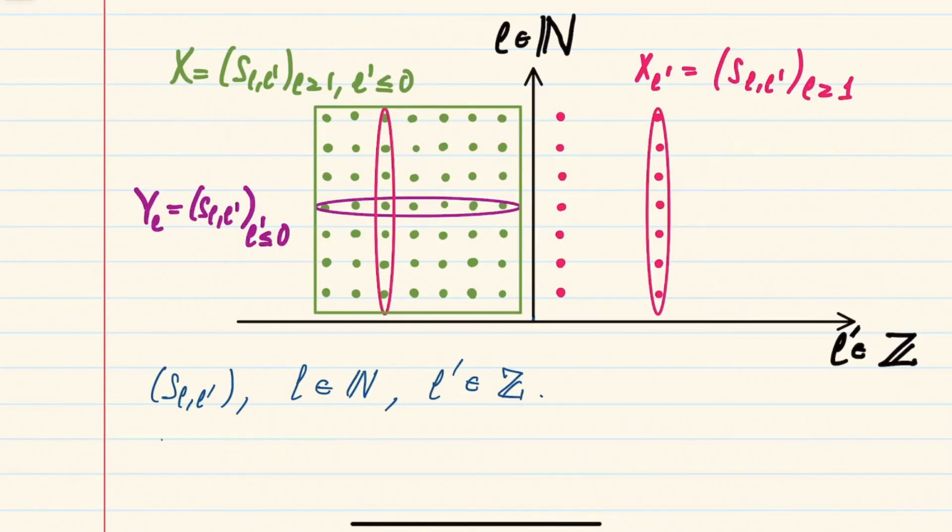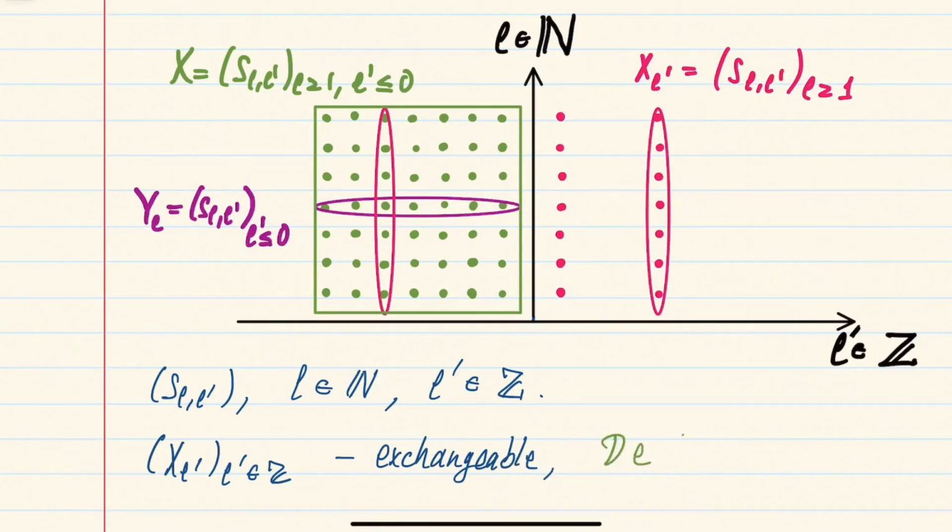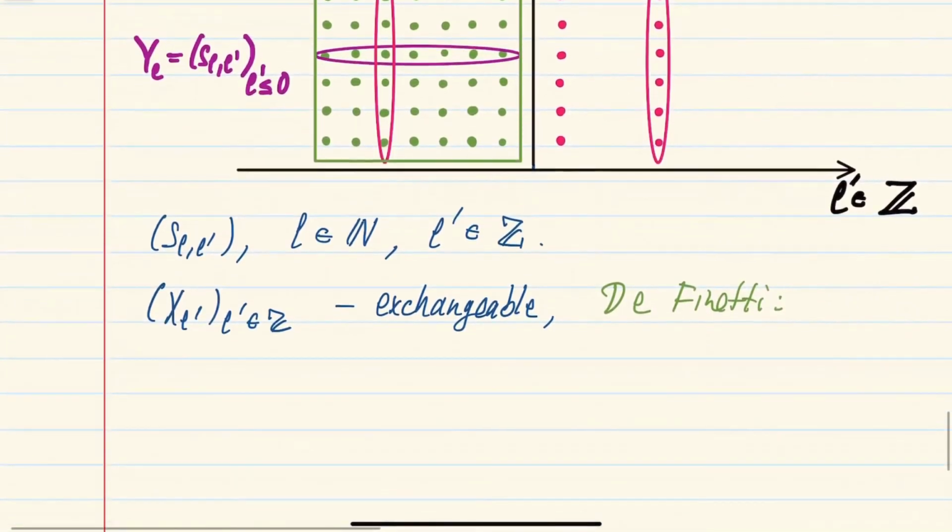So if we consider the sequence of the columns X_{L'}, by exchangeability of the array, of course, this sequence will be exchangeable as a sequence. And in particular, we can apply de Finetti's theorem to this sequence. In de Finetti's theorem, we showed that conditionally on half of the sequence, the other half is IID.